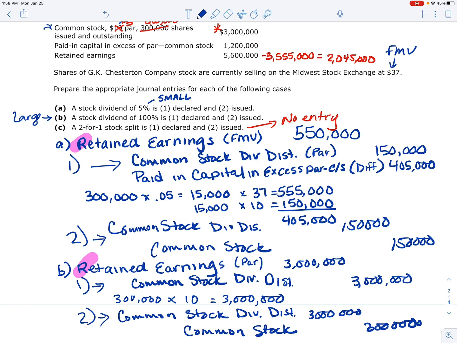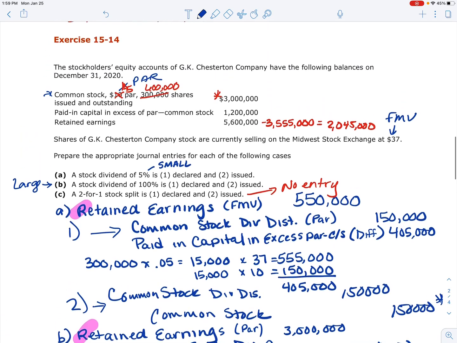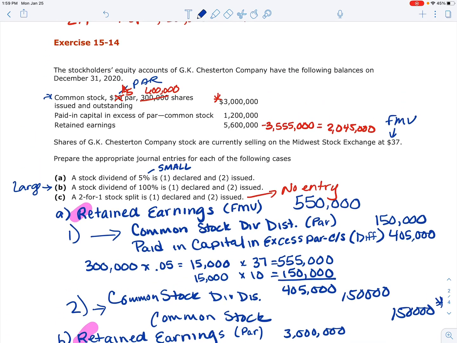Whenever we issue it, we're going to increase our common stock here and here. We're increasing by 3,150,000. Again, that stock split doesn't change the value. So after these transactions, our common stock value would be 6,150,000. So I think you get it, hopefully.